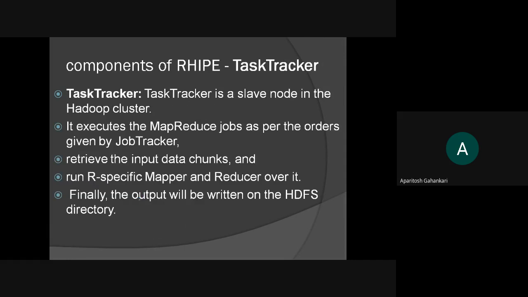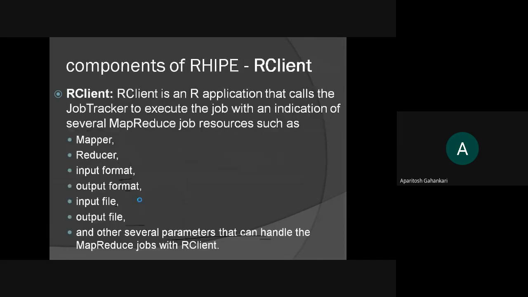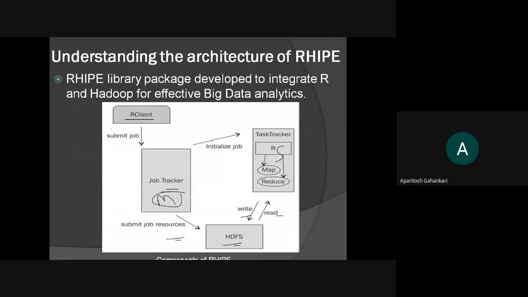Okay, then the next component is your task tracker. As you can see, this is your first component, which one? R client. This is first, this is second, this is your third component, and this is the fourth component. So there are four components in RHIPE.